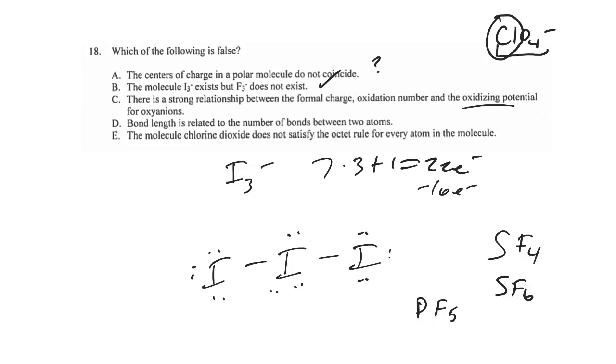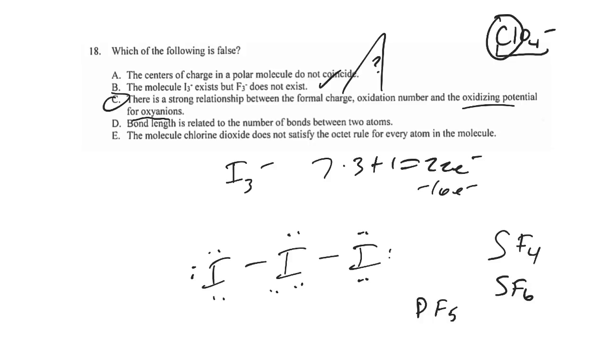We've never quite, at least in lecture, talked about the oxidizing potential of oxyanions. That's not something that comes up in the textbook for a while, so I'm not quite sure how to approach that particular topic. Turns out I've just glanced at the key that C is the incorrect statement. I think C is incorrect just because we don't even necessarily have a good indicator of what the formal charge of chlorine would be, because there are multiple different Lewis structures we might think are just as good as each other, or potential Lewis structures that differ in formal charge.